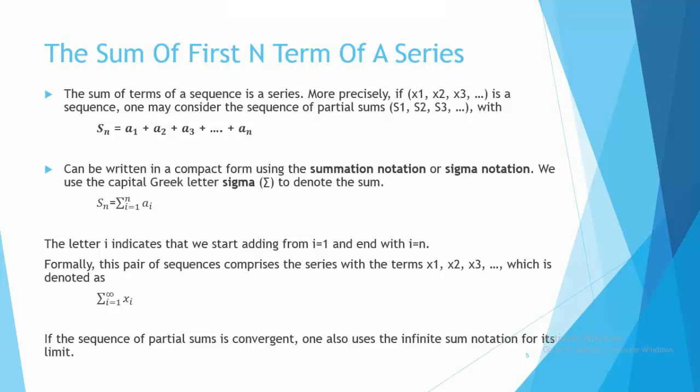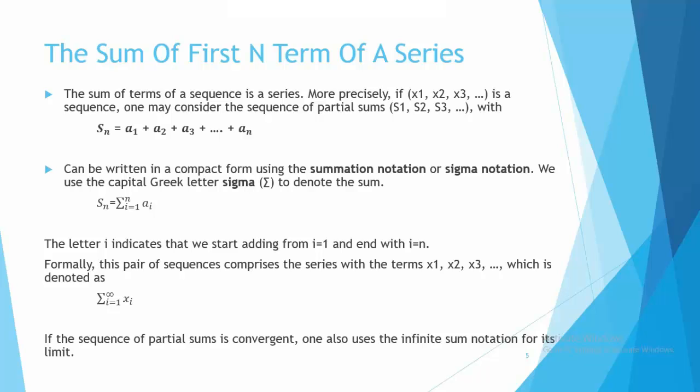This can be written in a compact form using summation notation or sigma notation. We use the capital Greek letter sigma to denote the sum. So Sn equals the sum of ai, where i goes from 1 to n. The letter i indicates that we start adding from i equals 1 and end with i equals n.